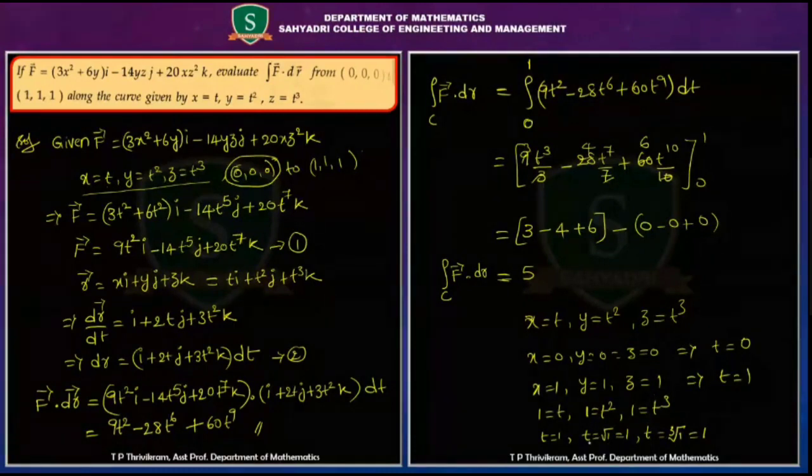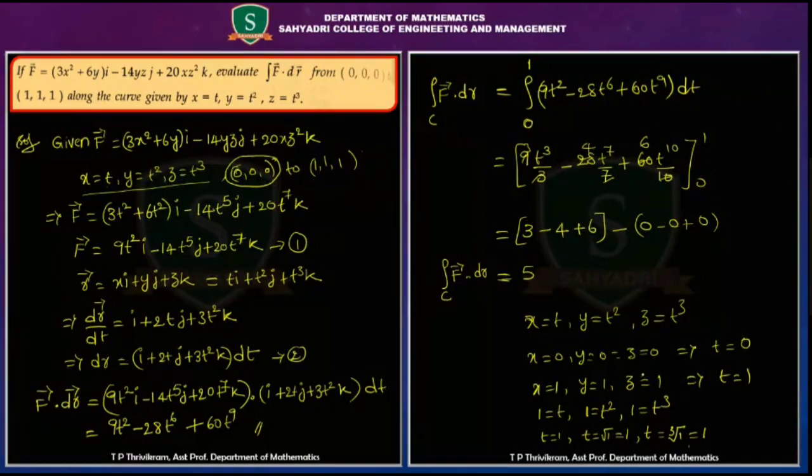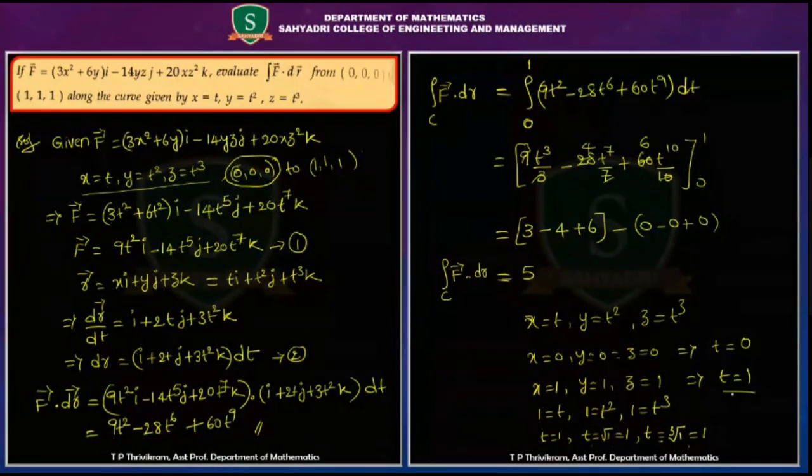In case x, y, z get different values for t, then we can't find limits for t. So x, y, z should have the same kind of limits. Then only we can apply the limits for t. Here x, y and z all have the same limits for t, so I have considered the t upper limit as 1 and lower limit as 0. Clear?